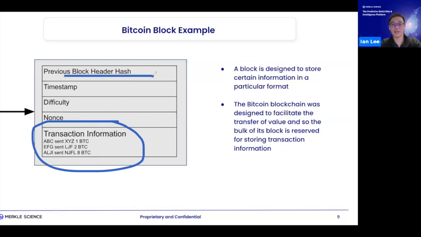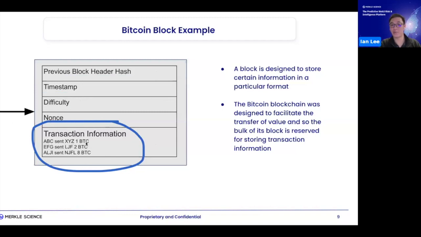You can think of this kind of like a unique identifier that references this block. They will have a timestamp of when this block was created, so all the transactions that happened at the same time. We can ignore the difficulty and nonce, that's outside the scope of today's workshop. But again, importantly, most of the information inside the block is filled with transaction information, right?